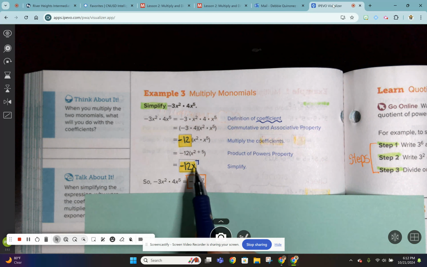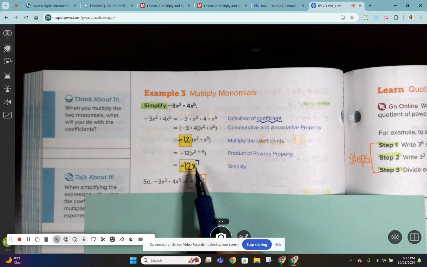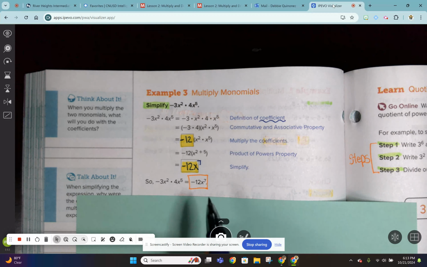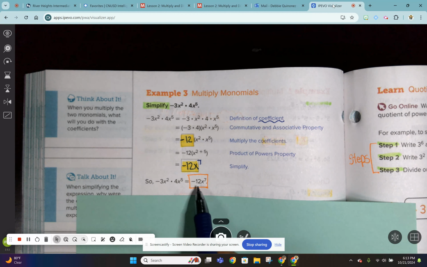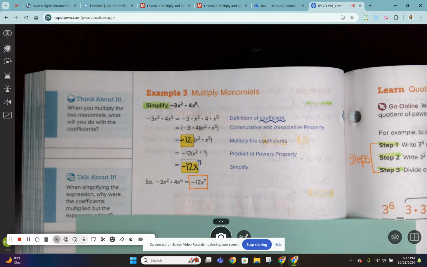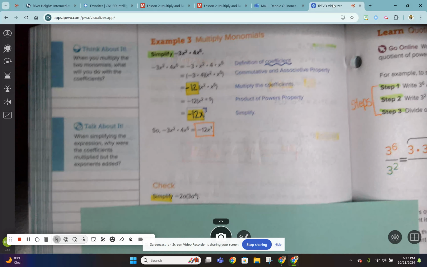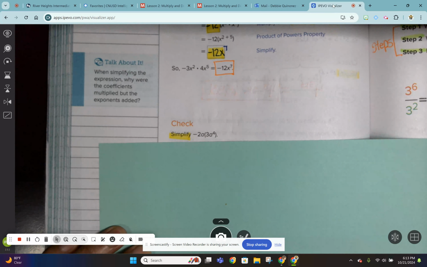I'm just writing them next to each other because having a coefficient next to a variable automatically implies multiplication. You don't have to put an extra raised dot or multiplication sign there. And of course, always remember to include that negative, right? All right, so now it's your turn. Let's have you take a quick pause and try to simplify this one.